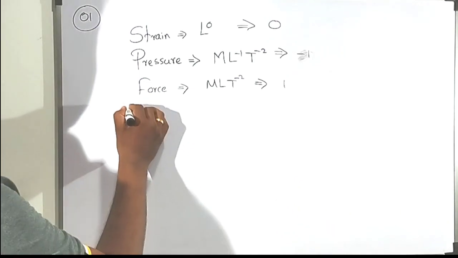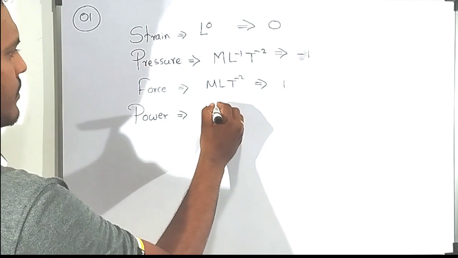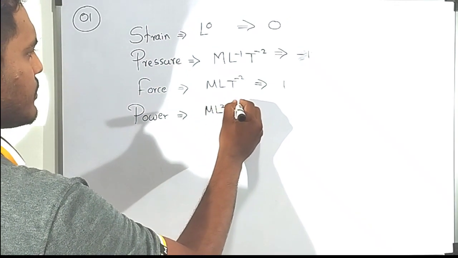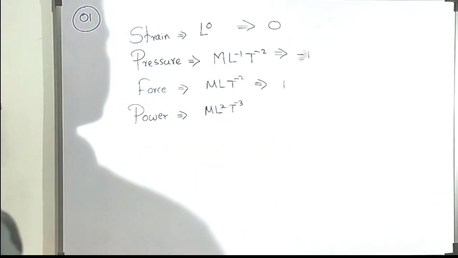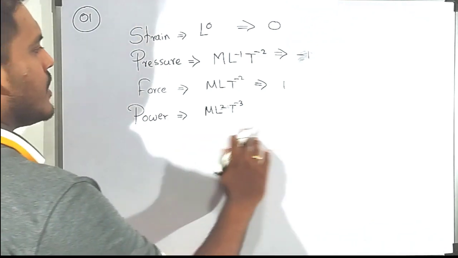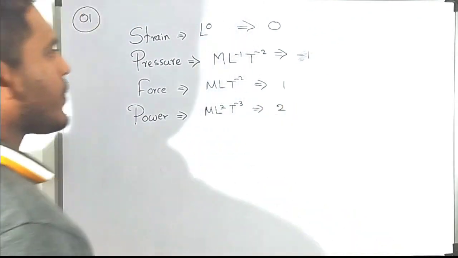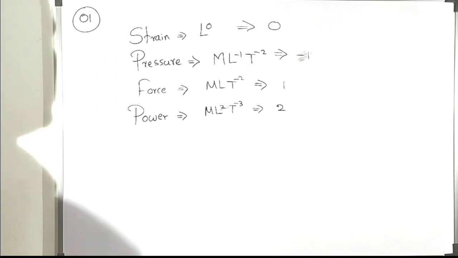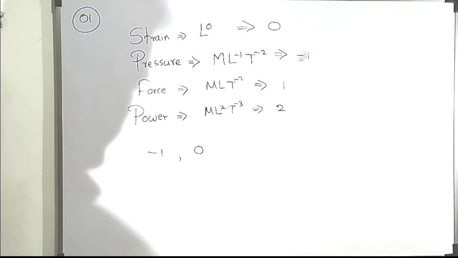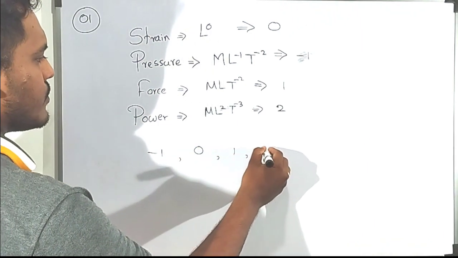Then power, M L squared T minus 3, and the power of L will be 2. Then the order in ascending order will be minus 1, 0, 1 and 2.